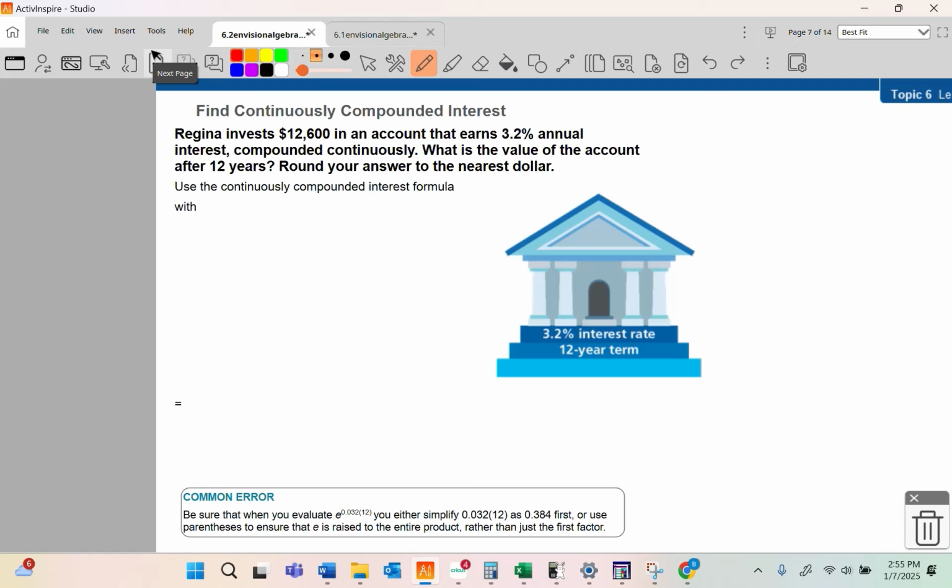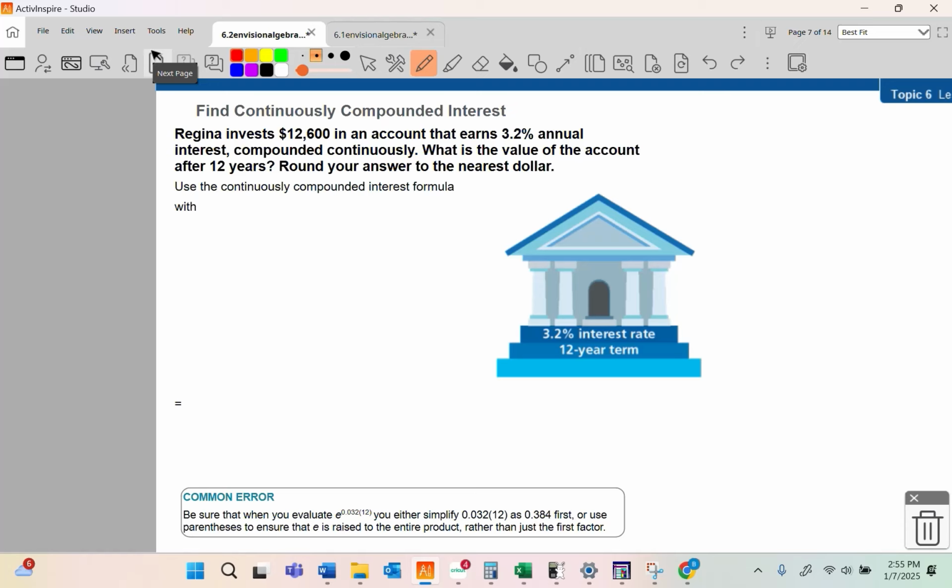All right, so Regina is investing $12,600 into an account that earns 3.2% annual interest compounded continuously. Because I saw the word continuously, I'm going to be using PERT. What is the value of the account after 12 years? Round your answer to the nearest dollar. So this is my principal.